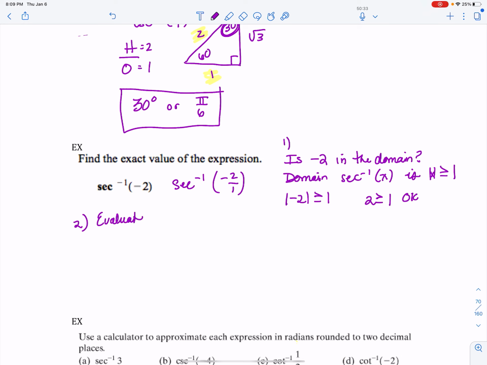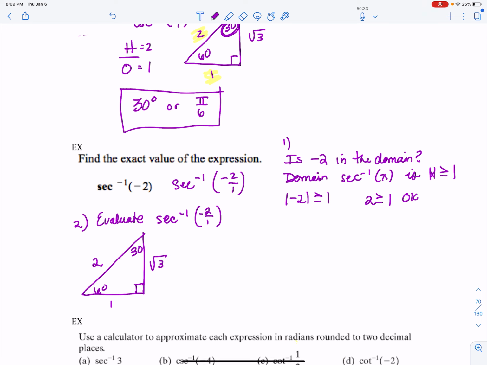evaluate inverse secant of negative 2 over 1. So once again, I'm going to ignore the negative just for the time being, and I'm going to use the 30, 60, 90 triangle.